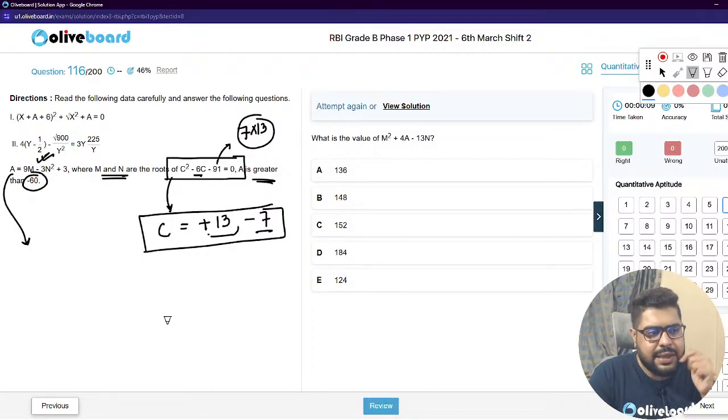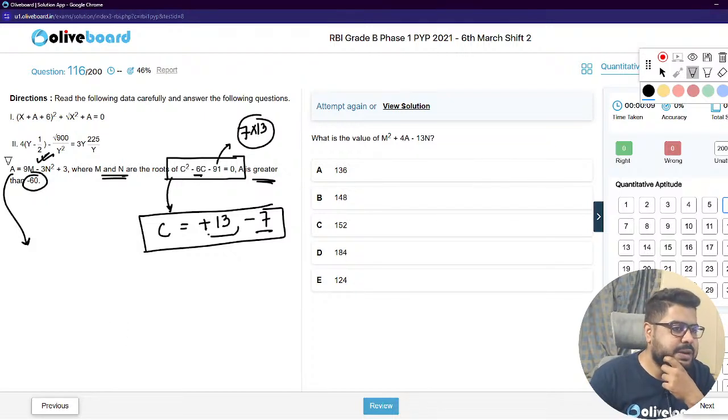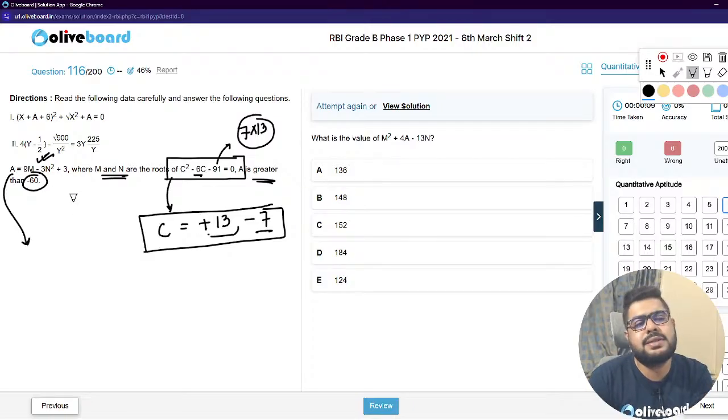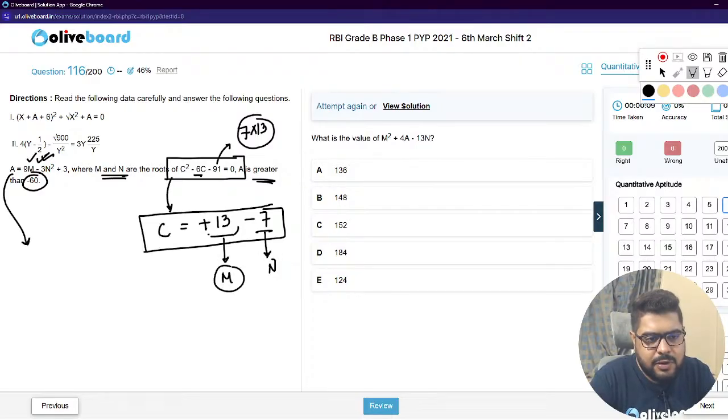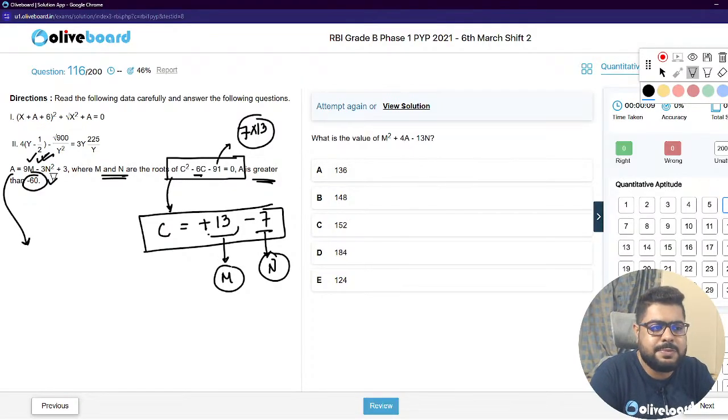But wait a second, sir, in that case M will also be minus. Put N as -7, so at least 9M will be positive. So most probably this will give me a value for which this particular condition must be satisfied.